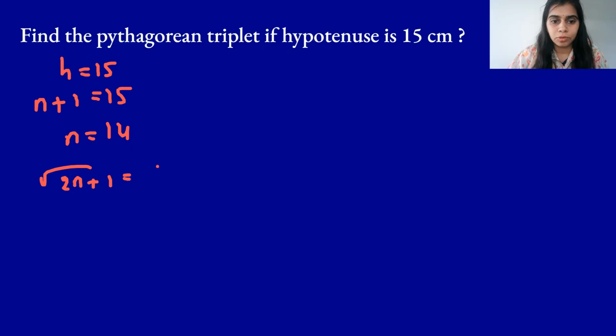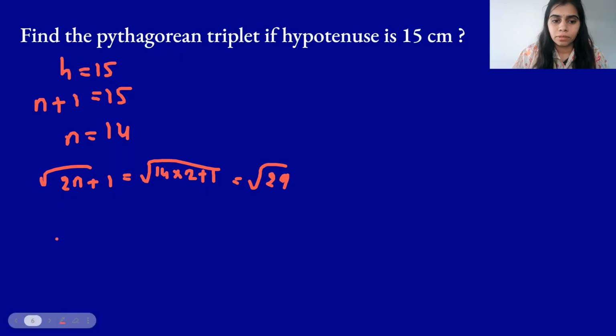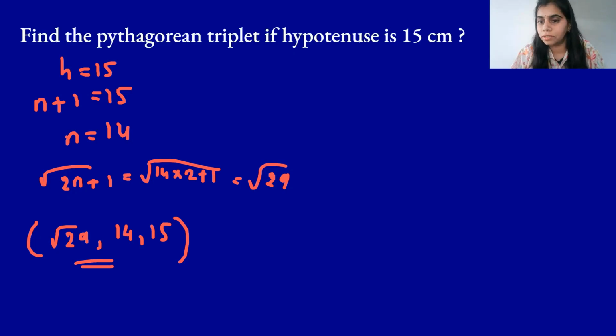So 14 times 2 is 28, plus 1 is 29. So the square root of 29 is the other side. So what is my triplet? Square root of 29, 14, and the given side 15, which is the hypotenuse, so we write that at the end.